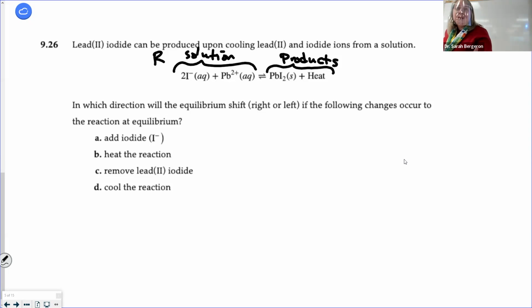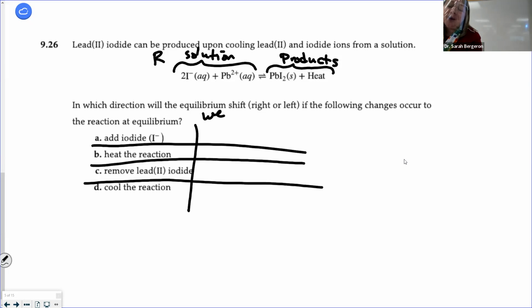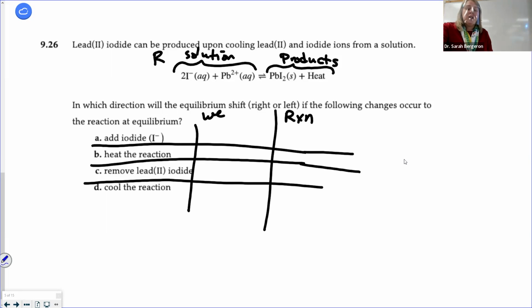What will happen? So I want you to kind of think about answering this in two parts, okay? So part one, we're going to say, what did we do? And part two, we're going to say, what did the reaction do? So this is what we did, and this is going to be what the reaction did, okay? So A, we're going to add the iodide ion.